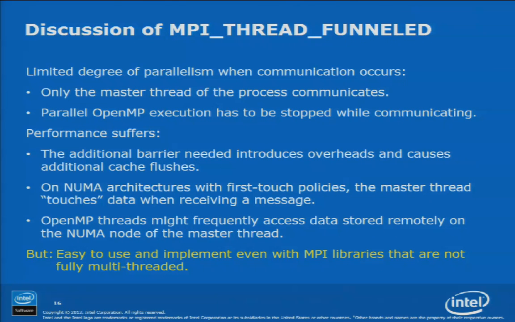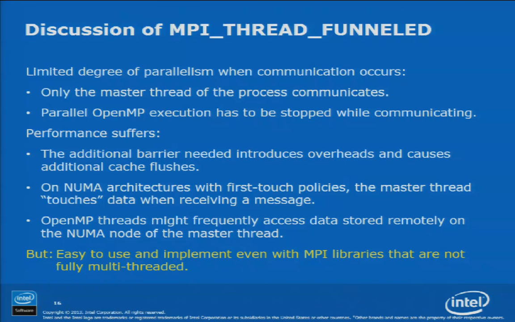Okay, well, that's the easiest thing that you can do. It works with most MPI implementations. It should work even if the MPI implementation has no clue about threading at all, but that's rather by chance. The downside is that you always need a barrier to ensure that MPI has finished working before you start the parallel work again.